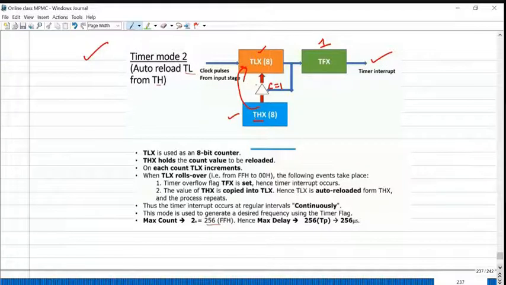Next, whatever value we loaded in TH will automatically be reloaded into TL. If it overflows, the interrupt will be generated. But it is 8-bit, so maximum we can generate only 256 microseconds. In this mode also, timer 0 and timer 1 can both act independently.